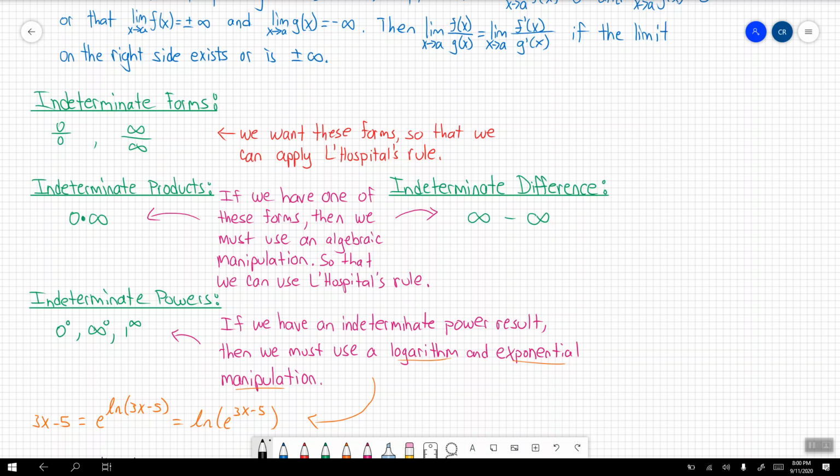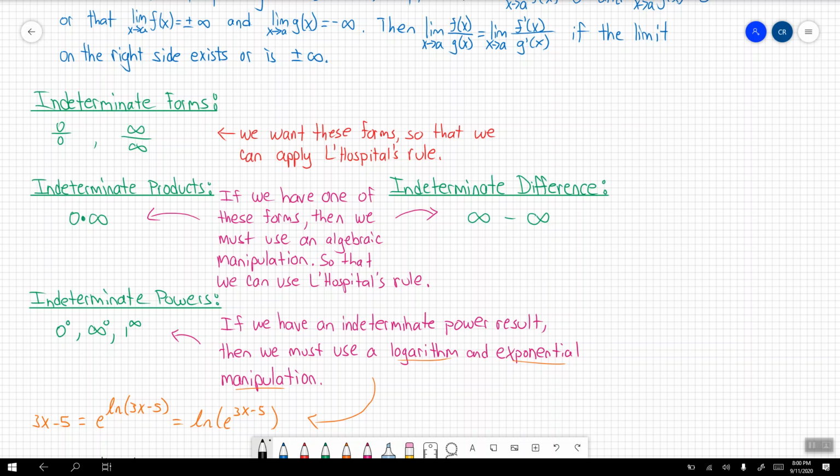As you can see on the screen, if we have an indeterminate power result, then we must use a logarithm and an exponential manipulation. What does this mean? This means that we now have to apply the inverse properties that we've learned about exponentials and logarithms.